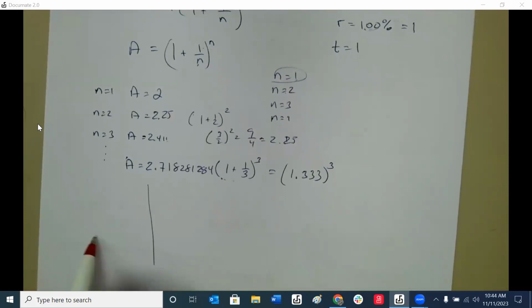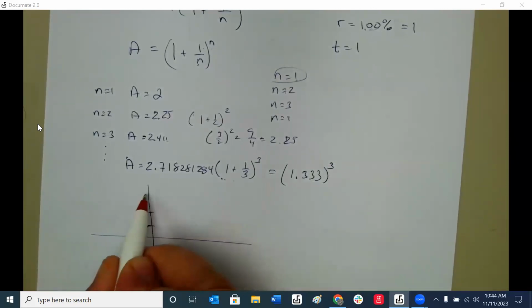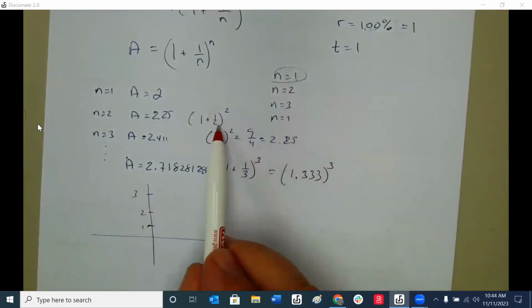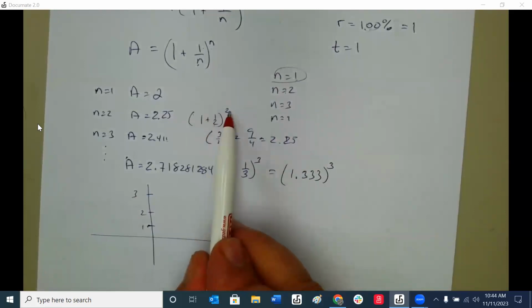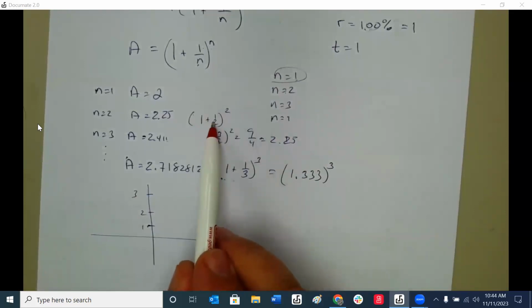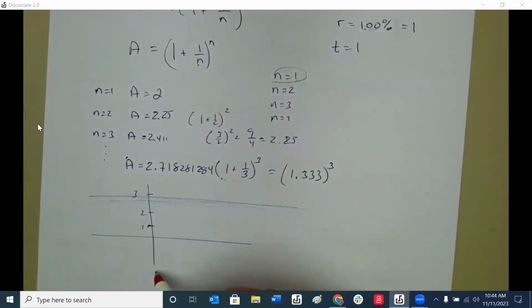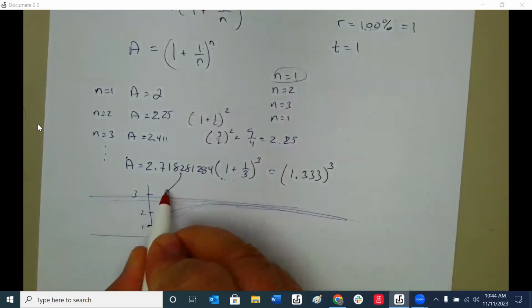If we graph it, because the larger n gets, the 1 over n gets smaller, and this increase gets smaller, and eventually we plateau at this value here. And that number is that.